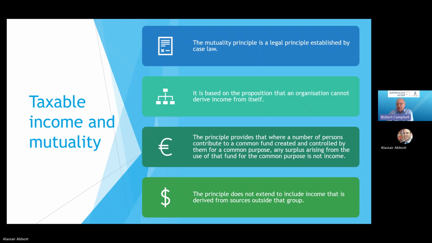It's based on the proposition, again, that an organisation cannot derive income from itself. It provides that where a number of persons contribute to a common fund created and controlled by them for a common purpose, any surplus arising from the fund is not income. The principle doesn't extend to income that is derived from outside the group. So that leads us to the issue of transactions with non-members. So let's have a look at that.